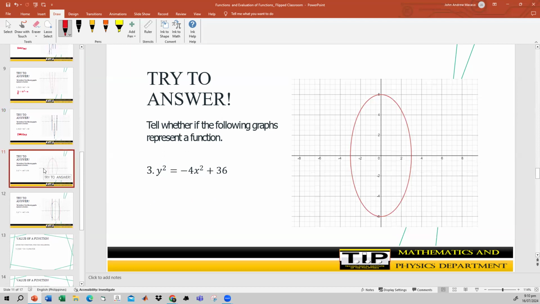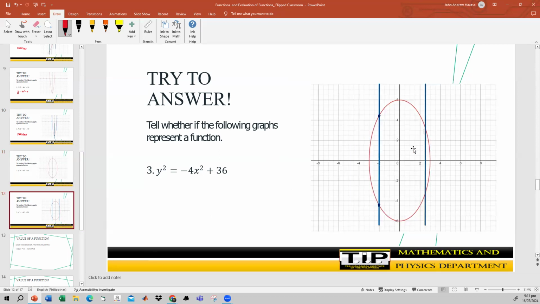Okay, how about this one? If we have y squared equals negative 4x squared plus 36, the graph of this will be an ellipse. Again, if you try to draw a vertical line on this given function, you'll notice it will touch 2 points on the ellipse.